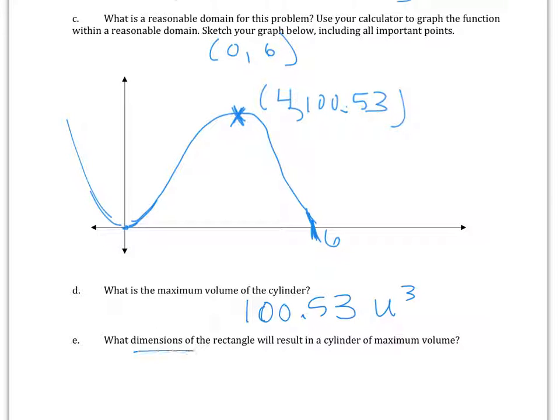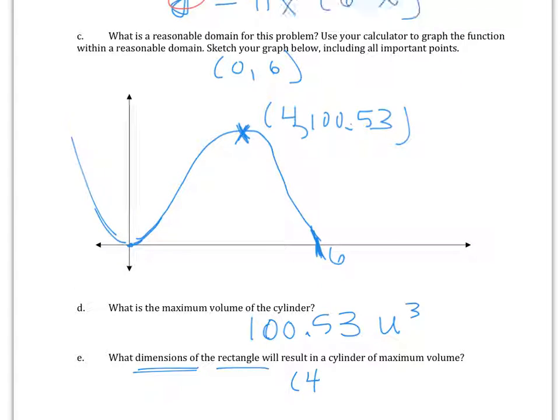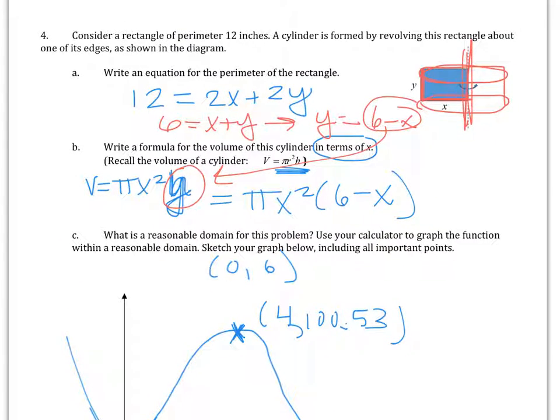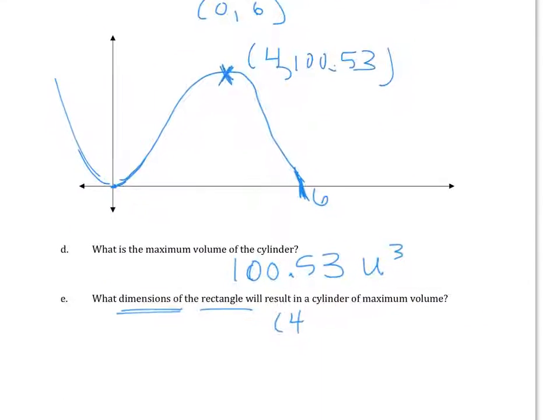And what dimensions of the rectangle will result in a cylinder of maximum volume? Well, the x dimension is given to us by our graphing calculator as 4, right? And if x is 4, we can go back up here and plug it in. If x is 4, then y must be 2. And that's it.